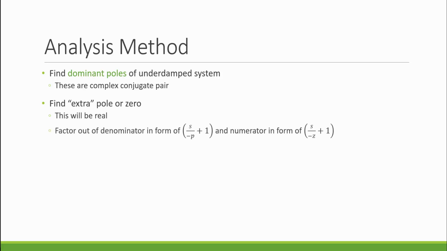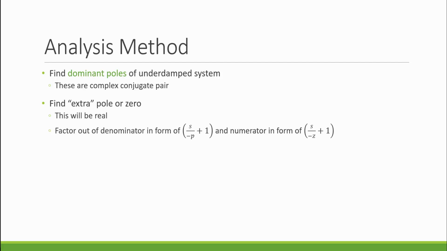And what we want to do in our analysis is factor that extra pole or extra 0 out of our system. It's perfectly fine mathematically if our denominator has an s cubed term, an s squared, an s, and a constant. But what we want to do is factor it into the real pole in the form of s over negative p plus 1, and then the rest of it, which is again going to be underdamped, so it's going to be a complex conjugate pair.